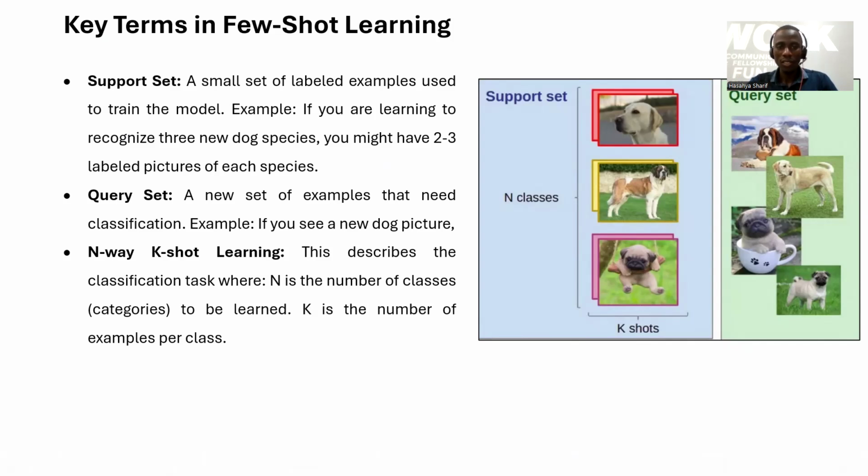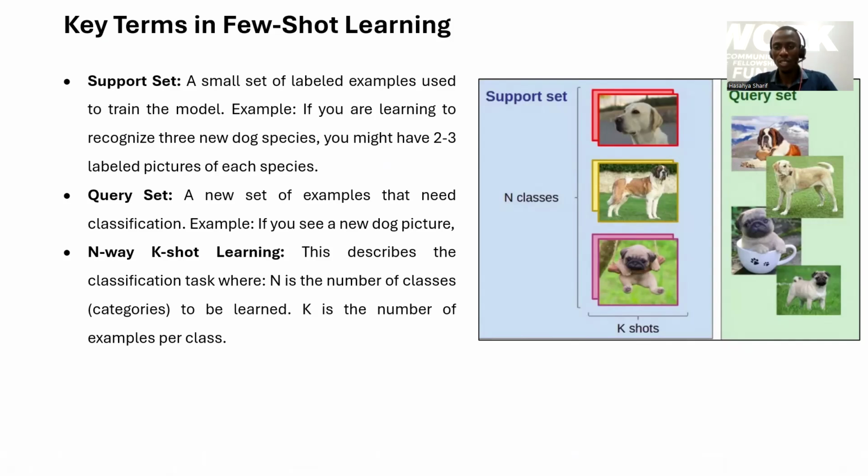And then the query set, the examples that need classification. The query set is the one we use as our test set to test our training, or our support set. Then you also have N-way K-shot, which describes the classification task, where N is the number of classes.